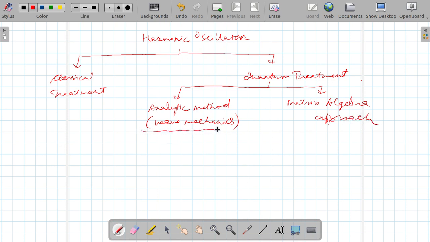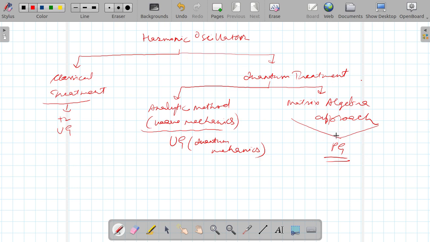So we studied these two approaches at +2 level, at UG level, in the quantum mechanics course. And here at PG level, we will try to solve this problem of quantum harmonic oscillator using the matrix algebra approach. Right.